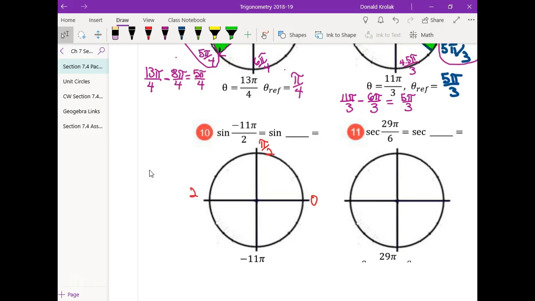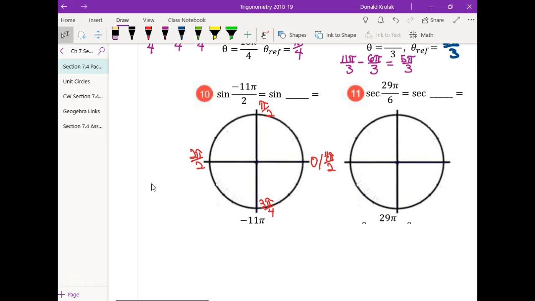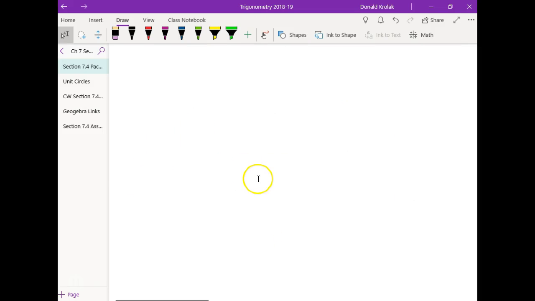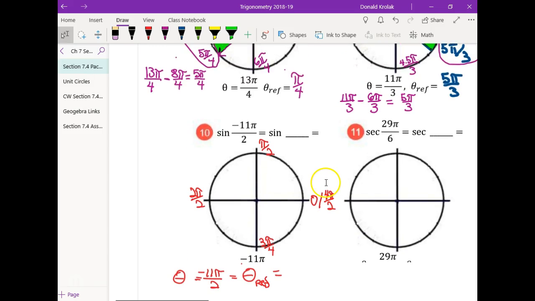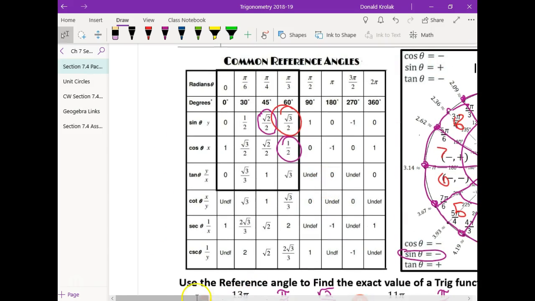So this is 2 pi over 2, 3 pi over 2, 4 pi over 2, and we want to get our reference angle. Okay, so try it with counting and see where you end up.